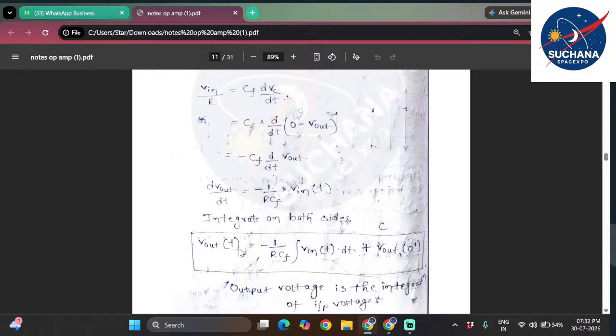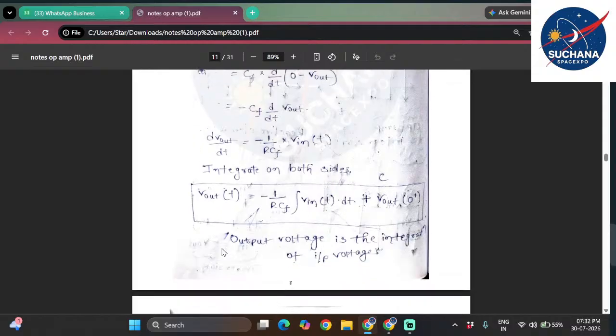You get V out of t, where the output voltage is a function of time, equal to minus 1 by RCF into integration of V in of t into dt. So from this equation it is very clear that the output voltage is a function of the integration of the input voltage. If R into CF is equal to 1, then V out of t is equal to minus integration of V in of t into dt.